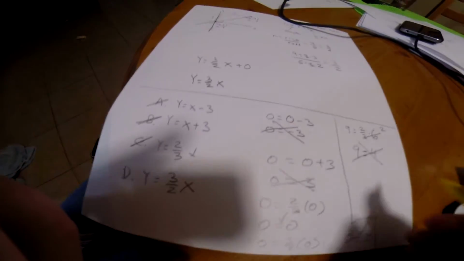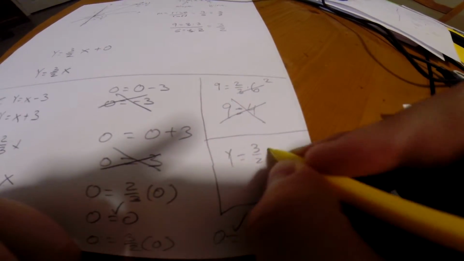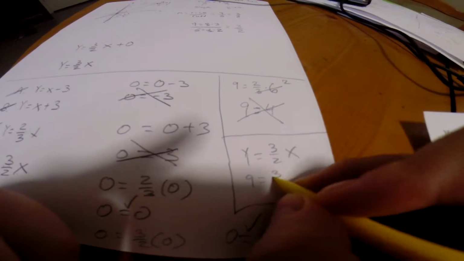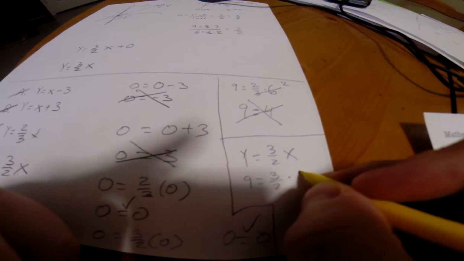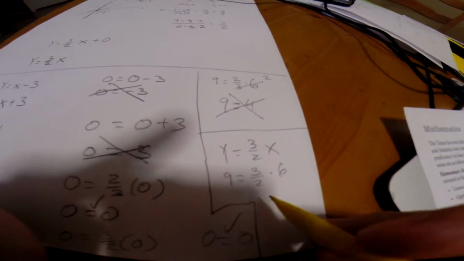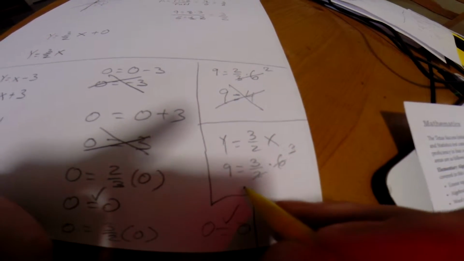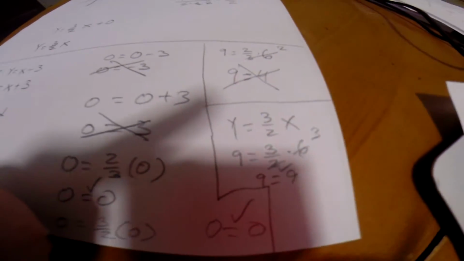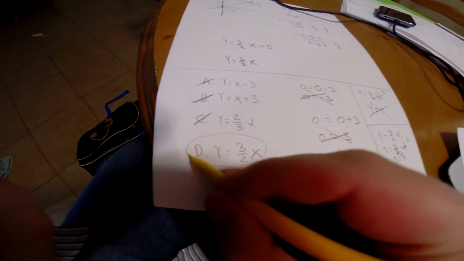So if I'm doing this right, moment of truth, D should work. So y equals 3 over 2x, again here y is 9, x is 6. And if I solve this, 2 goes into 6, 3 times 3, yes, it does work. 3 times 3 is 9, that is correct, hence this is the correct answer, okay?